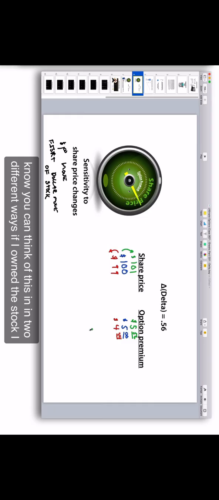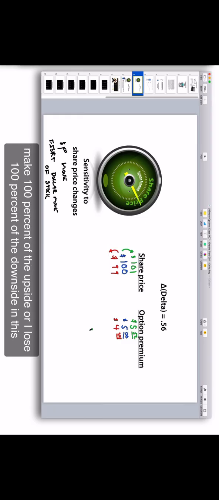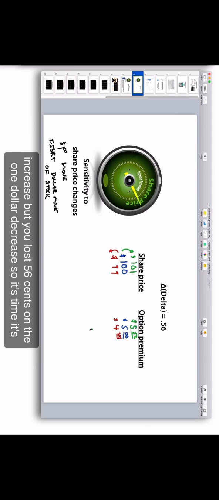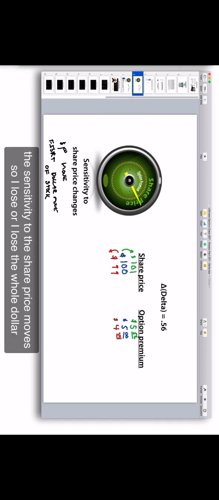If I own the stock, I make 100% of the upside or I lose 100% of the downside. In this example, this is a call option, so you would have made 56 cents on a $1 increase, but you lost 56 cents on the $1 decrease. So it's the sensitivity to the share price move.